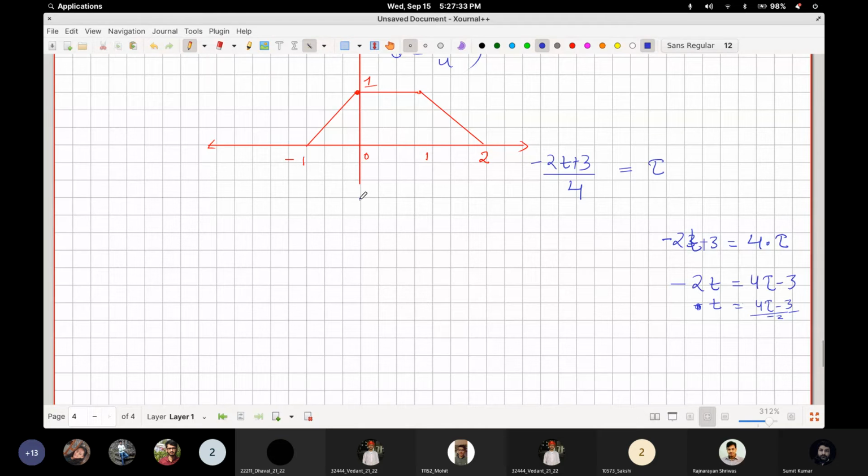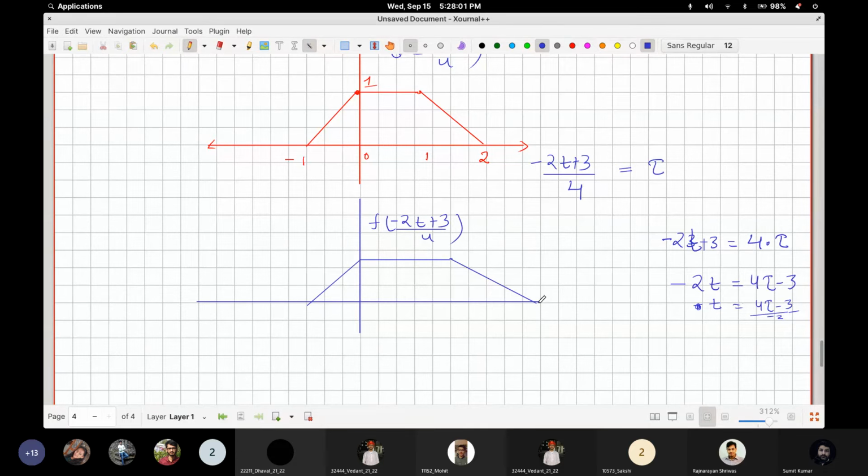So what is going to be the functions that I am getting? Let me just draw this here. I will not be drawing to the scale, so don't worry. So this is something like this, and then we will have something like this, and then I will have something like this. This function is again f of minus 2t plus 3 divided by 4.